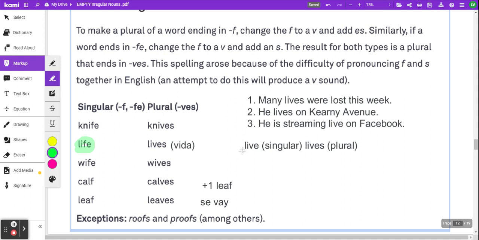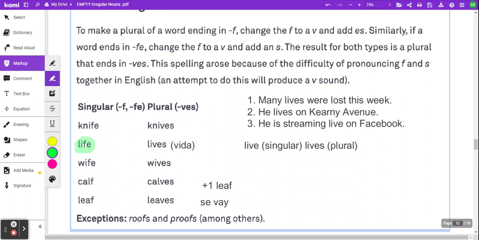Here I have live, donde yo vivo, and lives es donde viven. So hay una diferencia. There is a difference. You have life and lives. You have live and lives. Estas son interesantes porque se escriben exactamente iguales, pero se pronuncian diferentes.